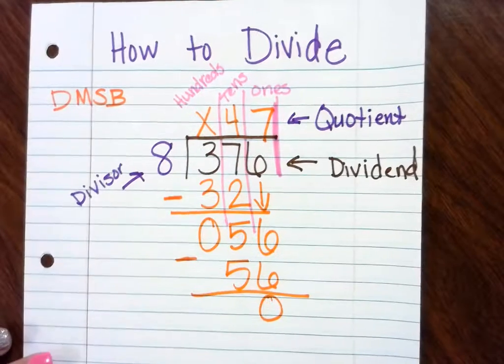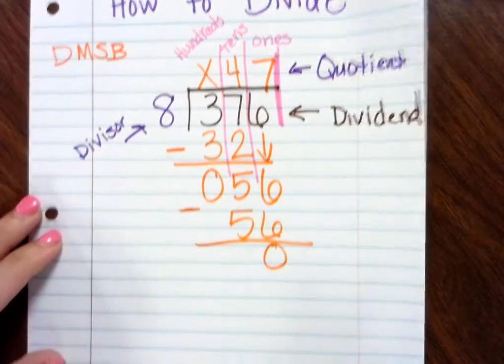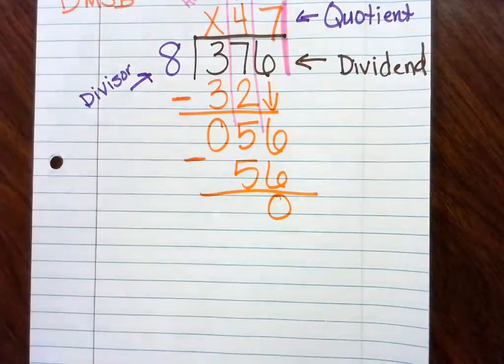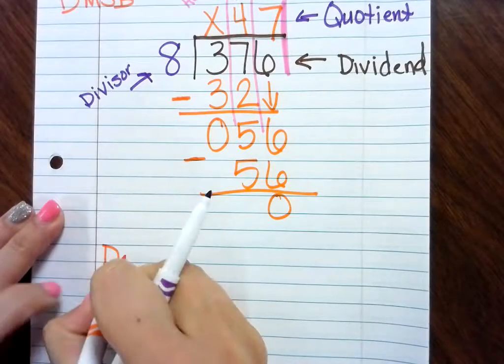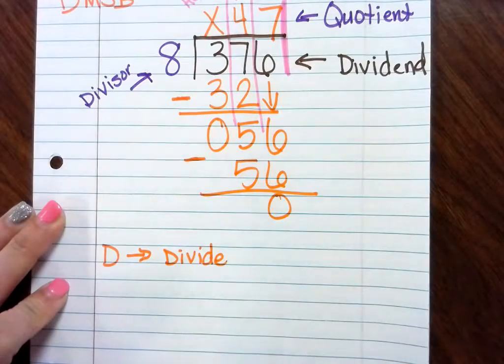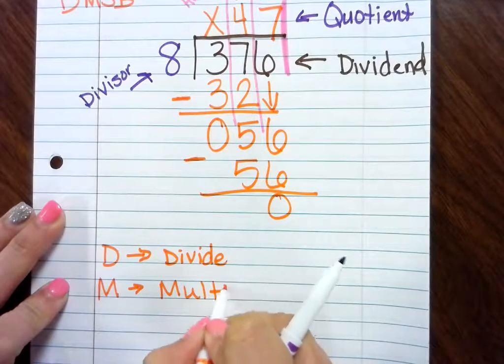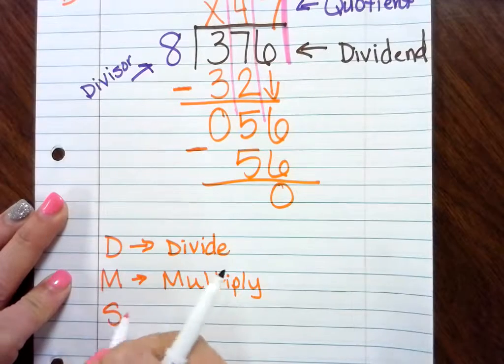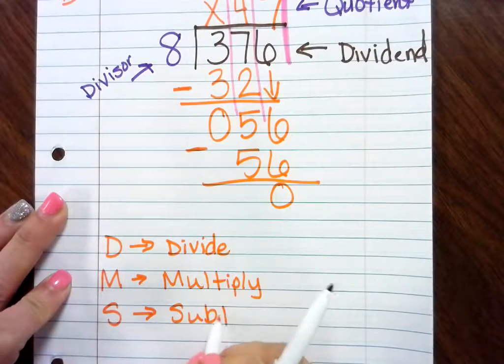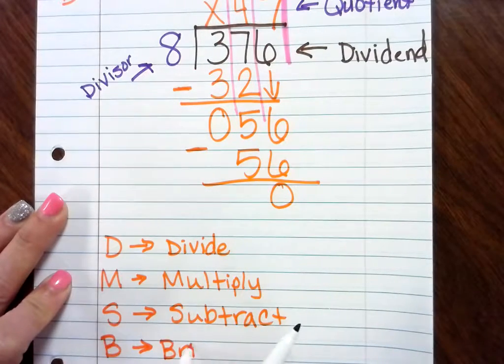So we need to make sure all of that is in our math log. I'm going to scoot up just a minute, and then I'm going to explain to you again what the DMSB is. So divide, multiply, subtract, bring down, okay?